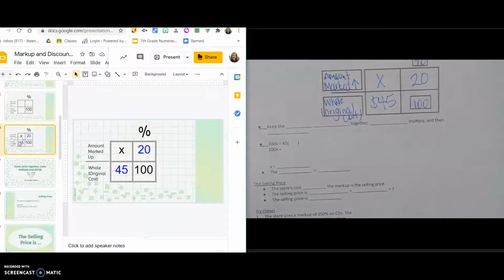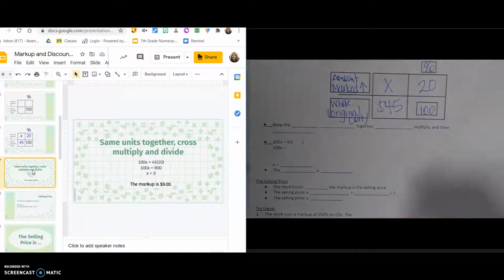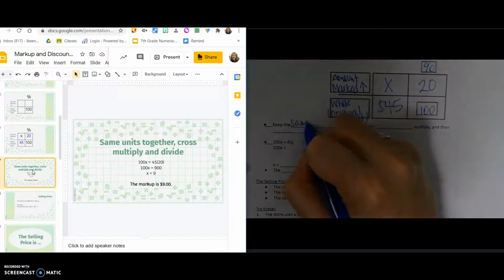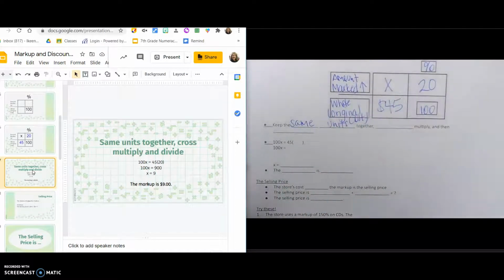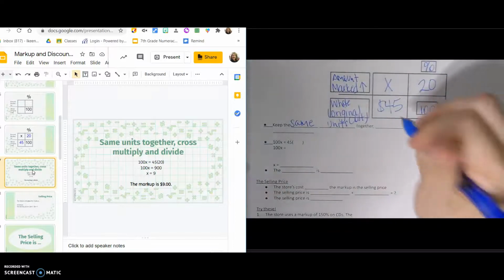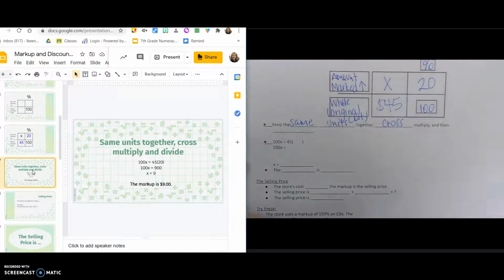And as we set up that proportion, this is what it looks like: x over 45 is equal to 20 over 100. Now, it's important for you to remember that you keep the same units together. So go ahead and fill that part into your notes. Then you can cross multiply and then divide.